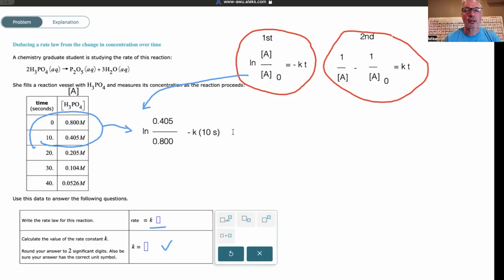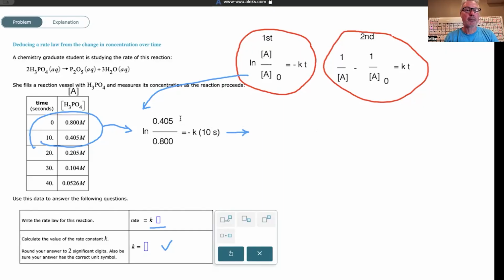What's this going to boil down to if we just take the next step? Natural log of 0.405 divided by 0.8 is 0.5. I forgot a little equal sign there, didn't I, gang? Okay. Sorry. Where was I?